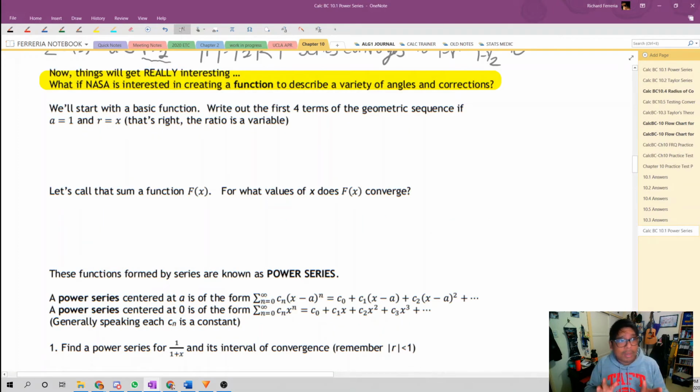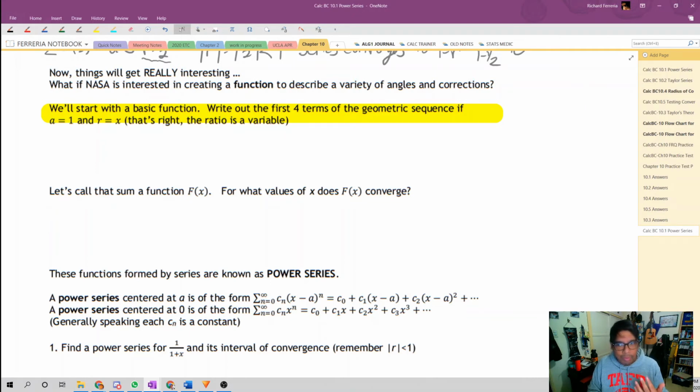Okay, so strap in, because this is where things are going to get really interesting. What if we want to make a function to describe a variety of angles and corrections? We're going to start off with a basic function, which is a geometric sequence with a equals 1 and r equals x.